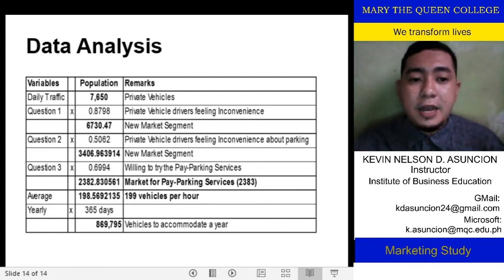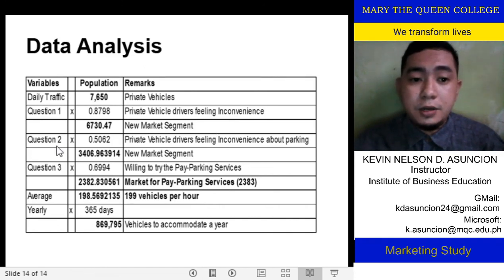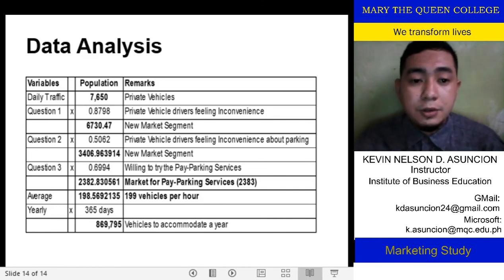So, I have my new market segment now. I multiplied the survey factor, so 6,700 is my new target market. And then question number 2, their reason is parking. So 50% answered. So this is my new market segment, 3,400 vehicles a day.